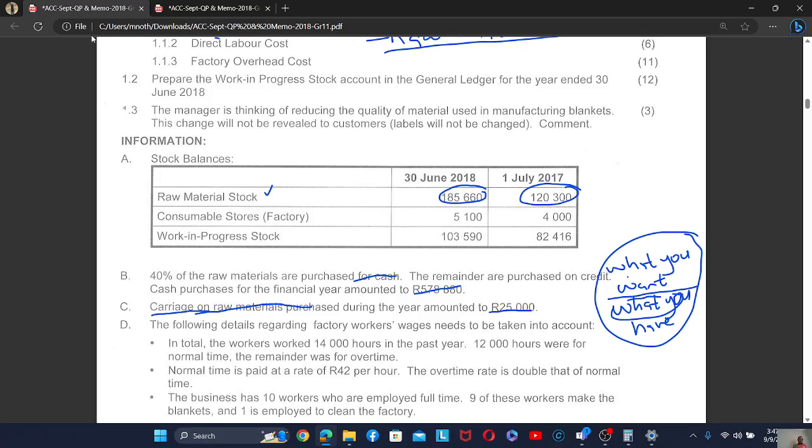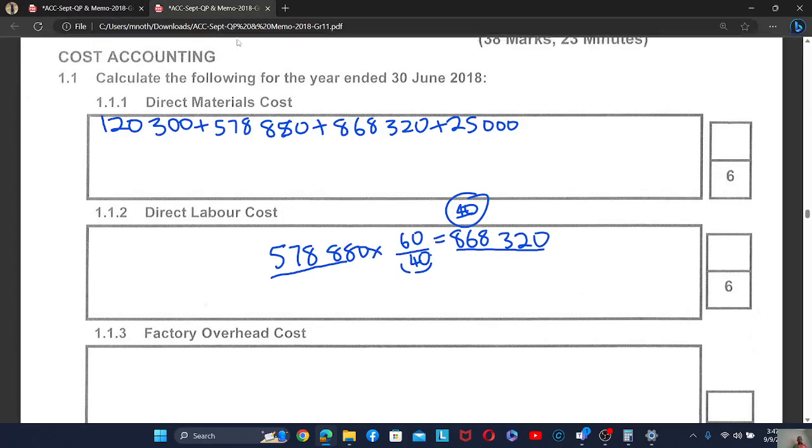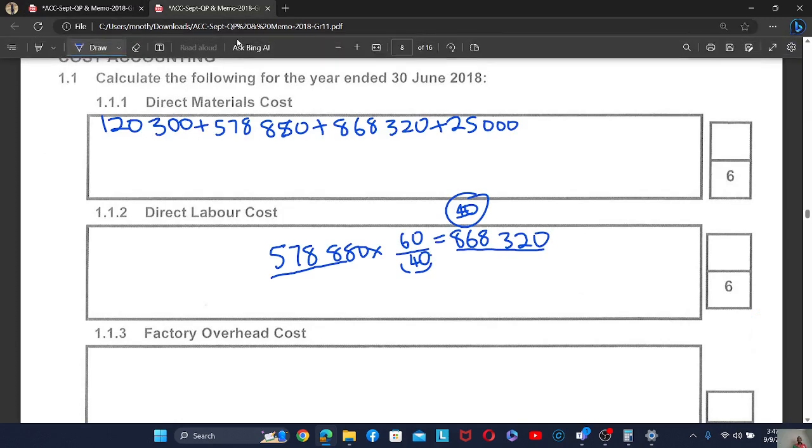So now this is your raw material. How much is this? Let me add it together. I must add all of it.